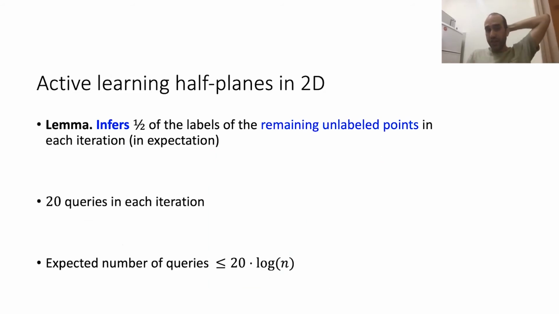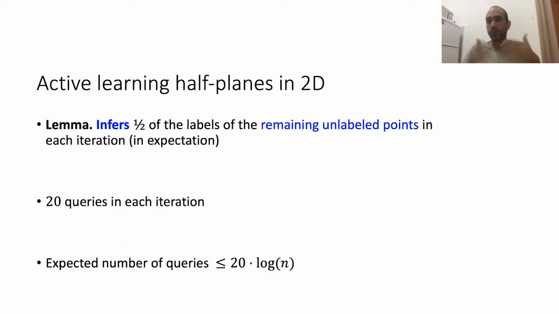And the crucial lemma, which we will discuss in a little more detail later when I define the combinatorial dimension, is that in each iteration we infer, and each iteration has a randomized component here, right? We sample 10 points from the remaining unlabeled points. So in expectation over this sampling, we infer the labels of half of the remaining points.